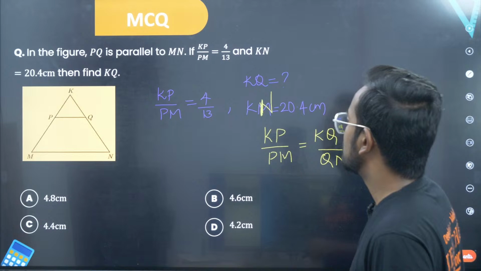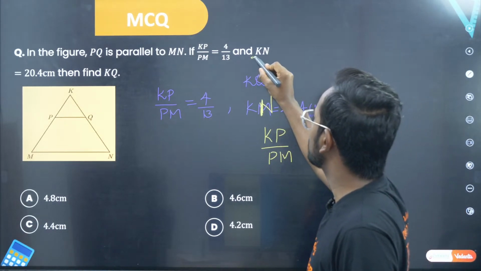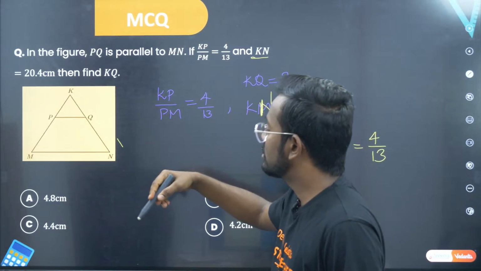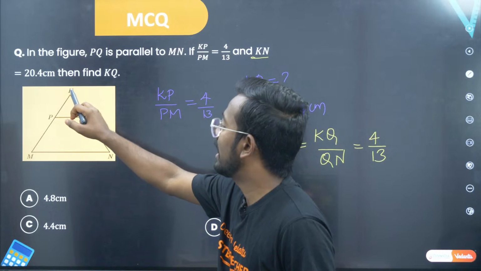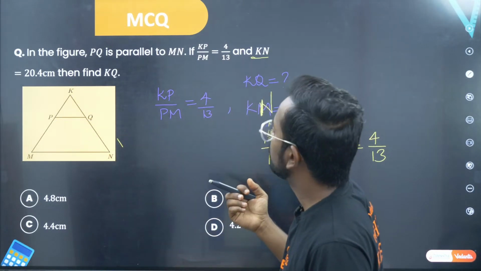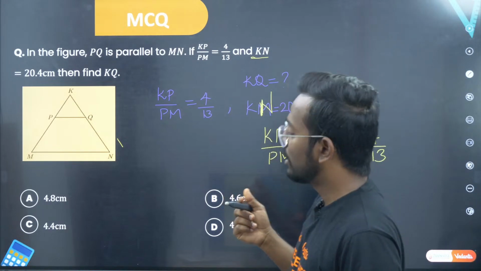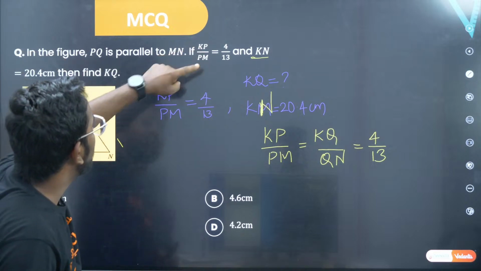Now I cannot apply this result directly. Since they have given KN, you want to find KQ. So let's take KM by KP. MP is given, no? Let's take this together. KP by PM is given.